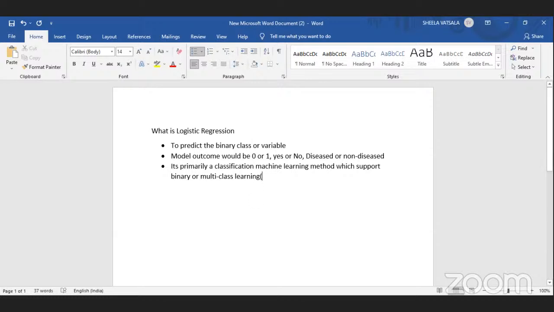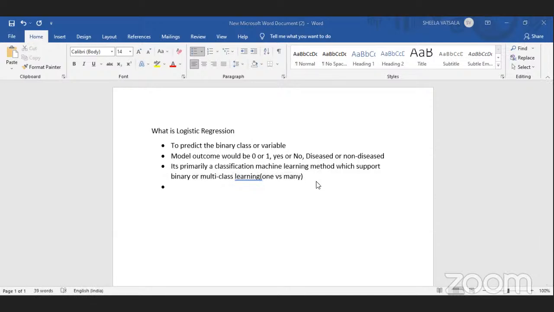It works like one versus many. We'll come to that at a later stage. For now, let's understand that logistic regression is applicable for binary class modeling and also for multi-class in the form of one versus many.